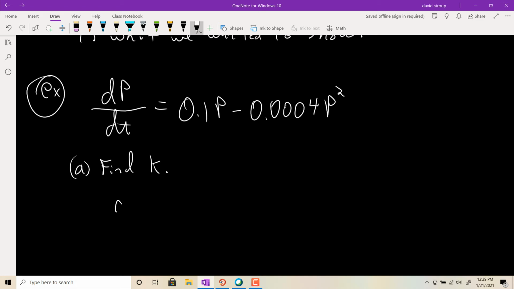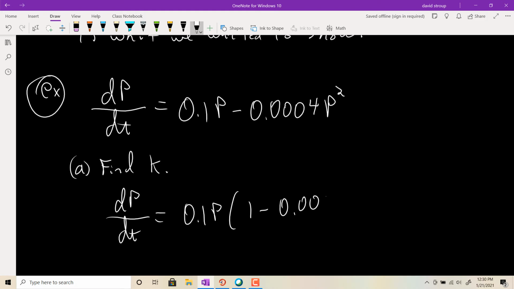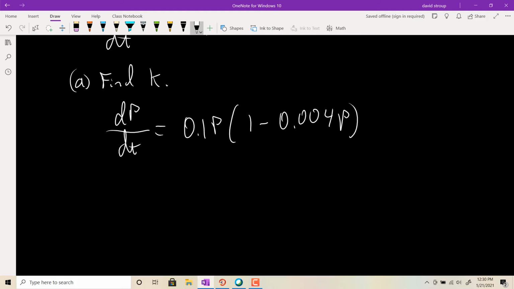Okay, so I'll do some factoring. I'll factor out a 0.1p, so it looks like k is 0.1. Okay, so I'll have 1 minus 0.004 times p, and clearly, the form is k times y times 1 minus y over L, right? Okay, so k is equal to 0.1.